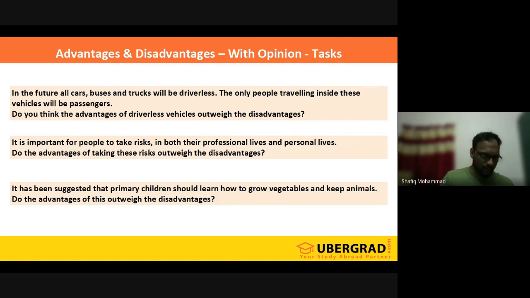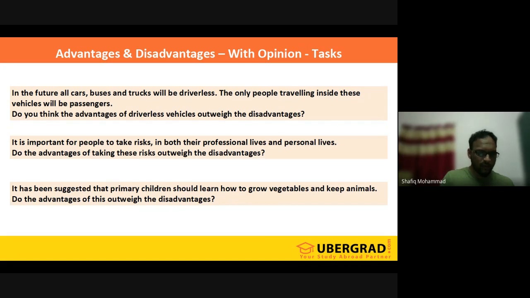Krishna has already given: in this contemporary era, advancements ease human life. Few people think all vehicles will be driverless in future.